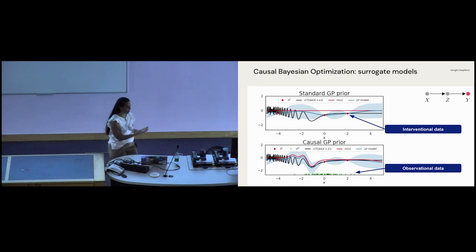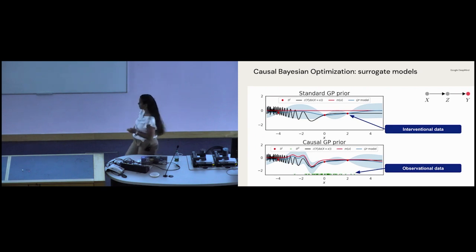So I will have my target effect under an intervention on z, my target effect under an intervention on x, and here I'm plotting the target effect under an intervention on z for a specific structure, for a specific joint distribution associated to this causal Bayesian network.